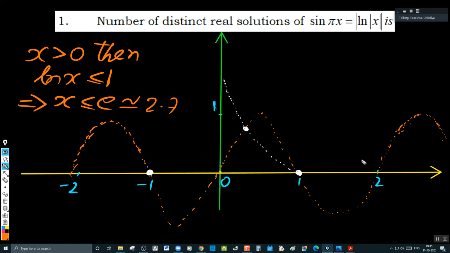It will intersect, so 3 intersections will be there, so 3 solutions. It will go like this. So it will intersect at 2 points there.